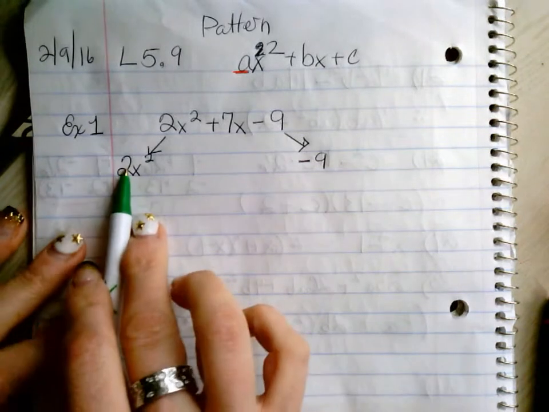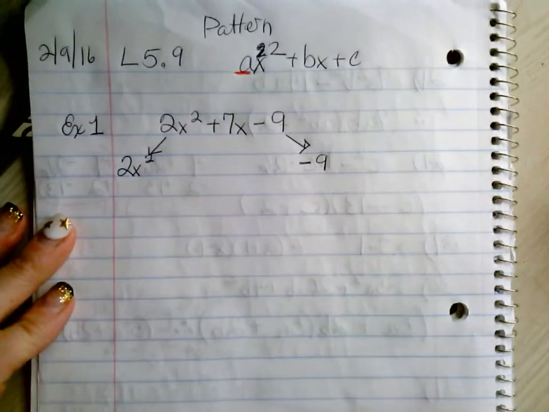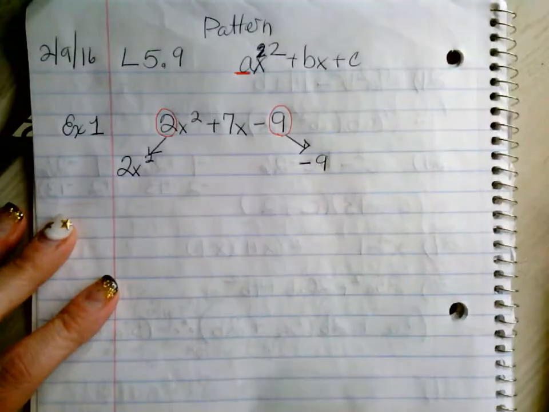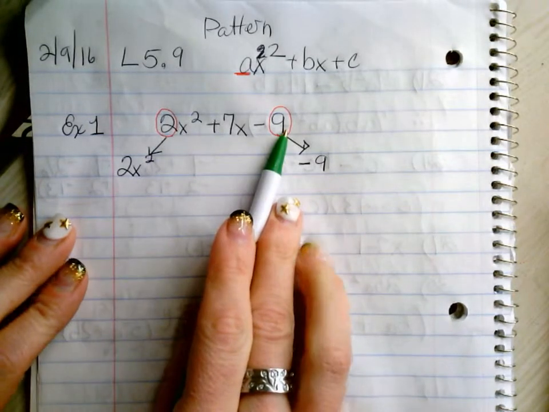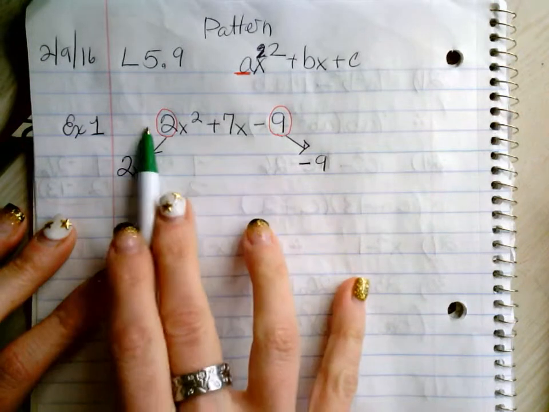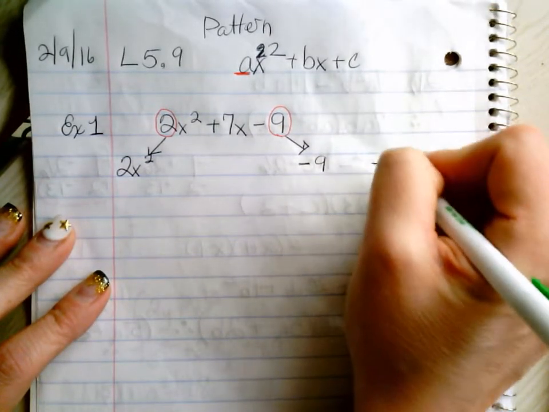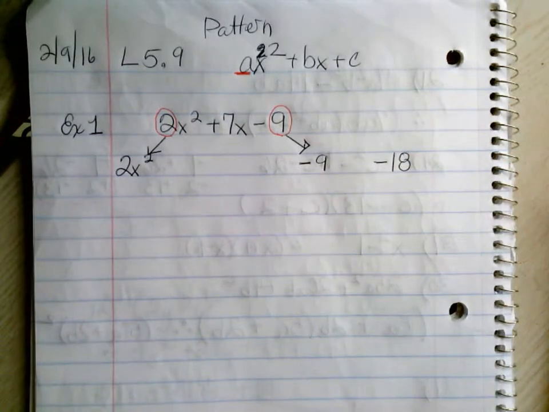Step 2, multiply the coefficients of the first and last numbers together. You should end up with a negative 18. Am I right?